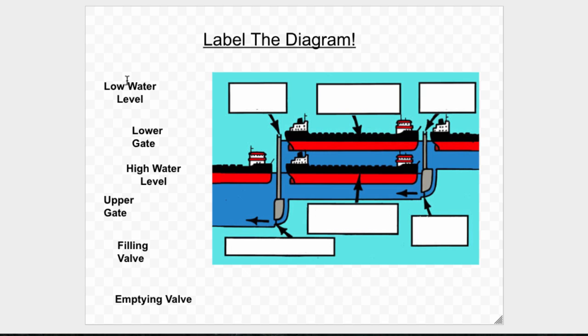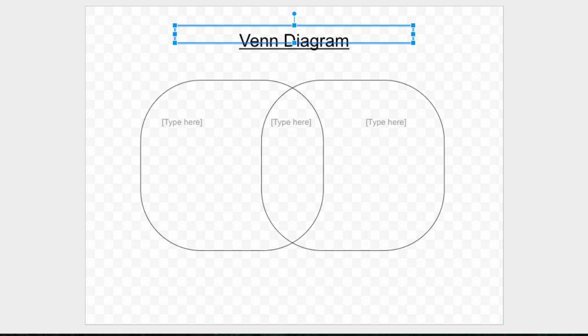Now you see here you've got choices over on the left-hand side, and students can click on those choices and then move them to where they feel that that option should go, and they can put it anywhere they choose. Or how about a Venn diagram?